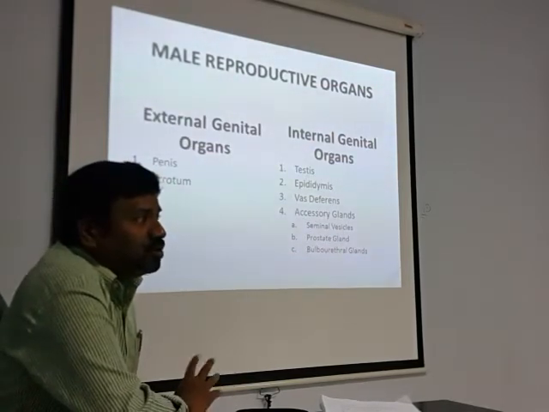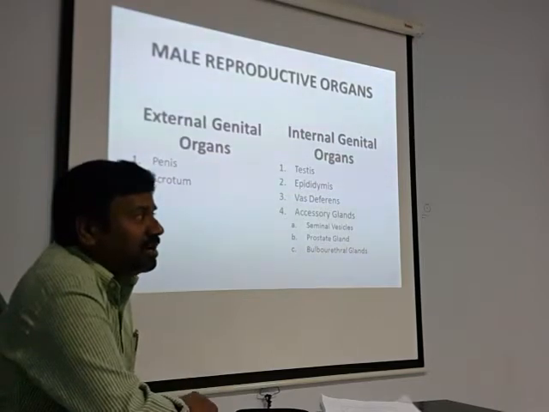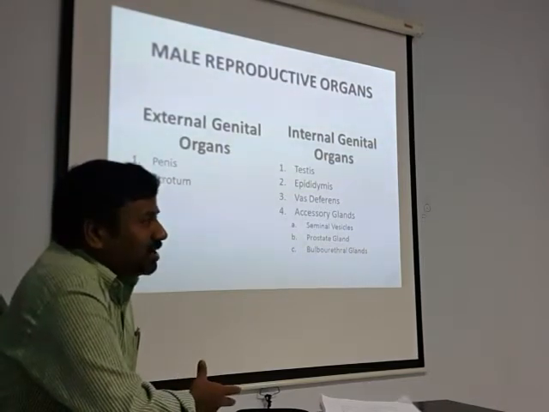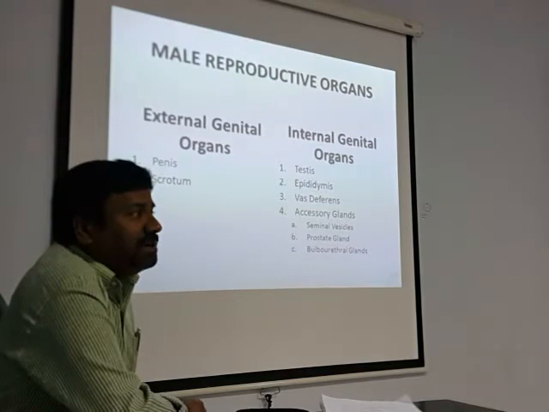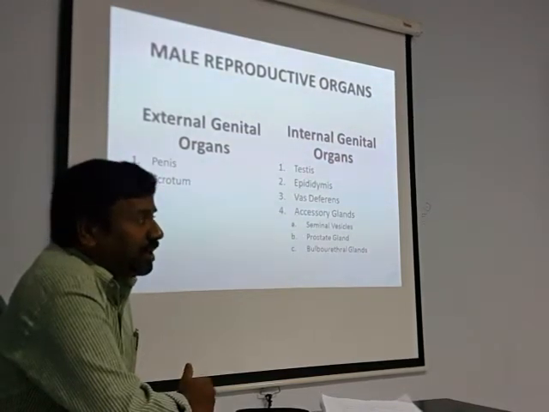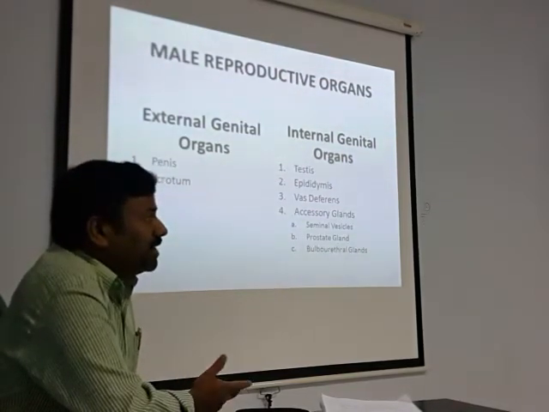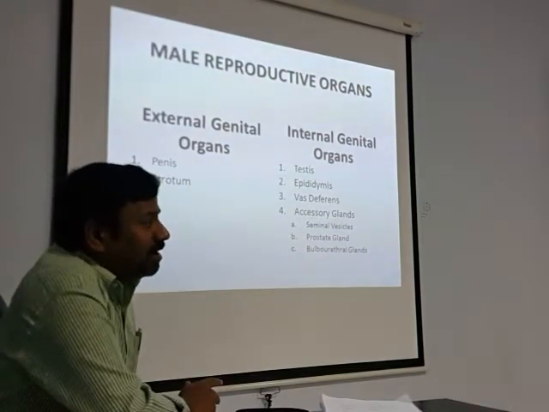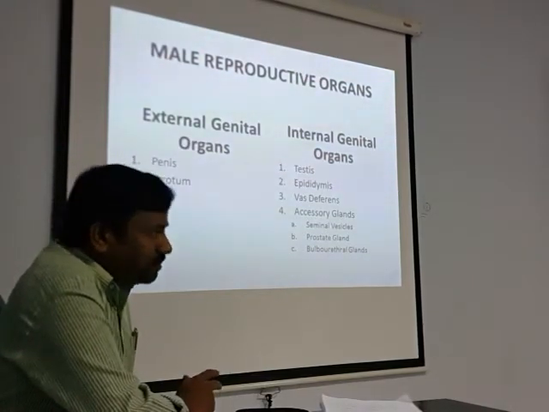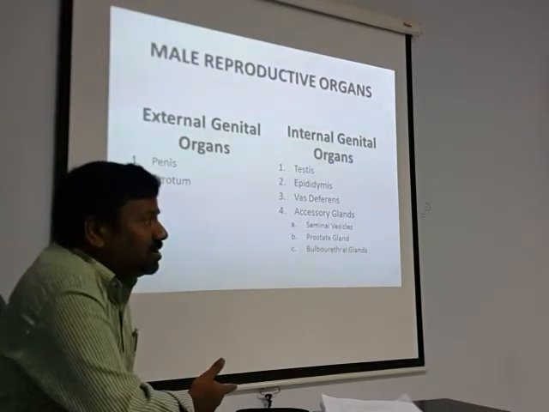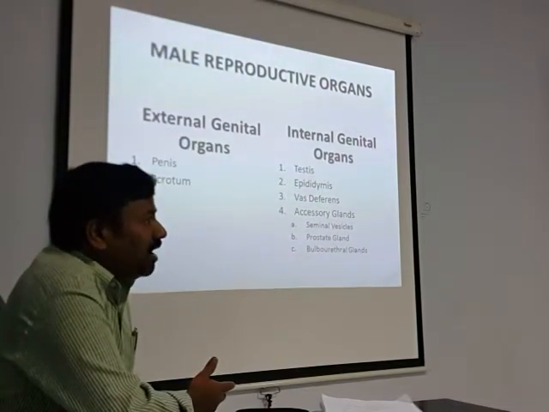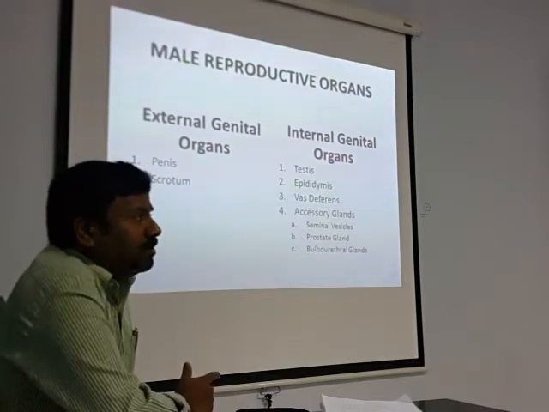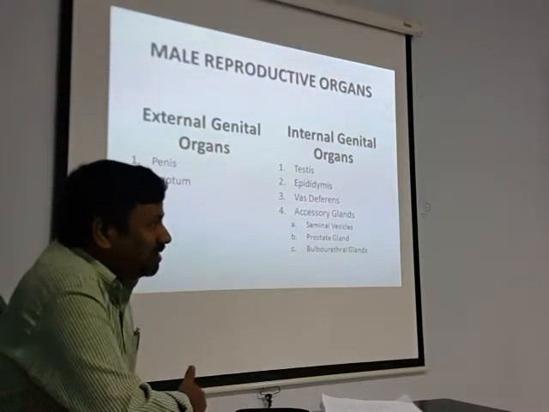So you have two sets of organs, the external genital organs and the internal genital organs. The external consists of the penis and scrotum. The internal consists of the testis, epididymis and the vas deferens. And then there are glands, which we call accessory glands, because they don't have a major role in the reproductive system; they are only accessory to it.